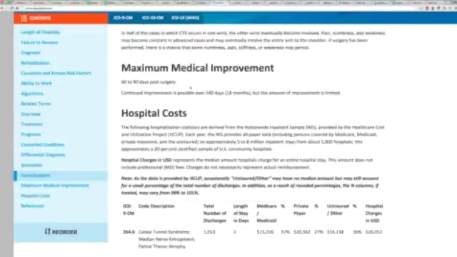Now, if this person's 90 days in and they've showed zero signs of improvement, then alarm bells should be ringing, and this gives you the knowledge to know what to ask. It then says continued improvement is possible over the next 540 days, but the amount of improvement will be limited. So in the next 18 months, you're going to improve a bit, but it's going to be limited to what that is.